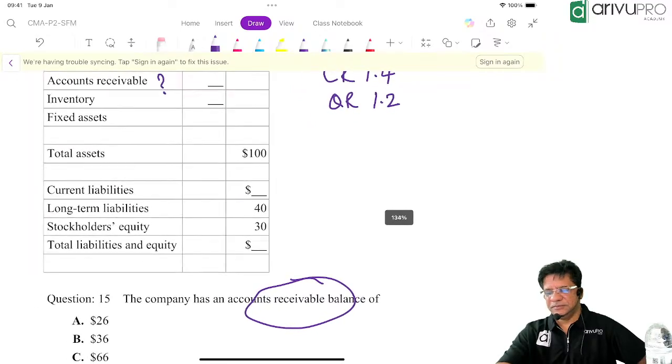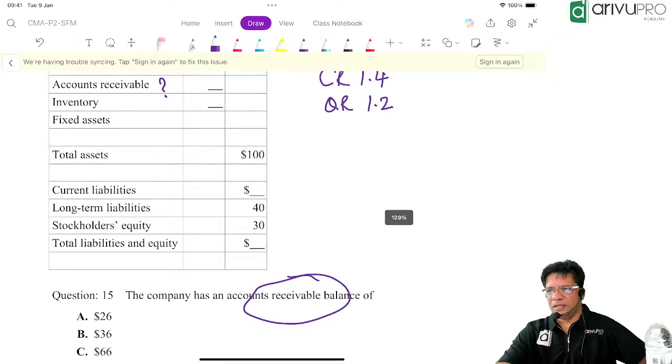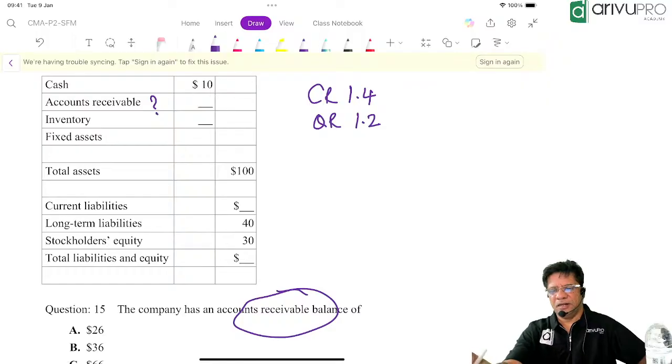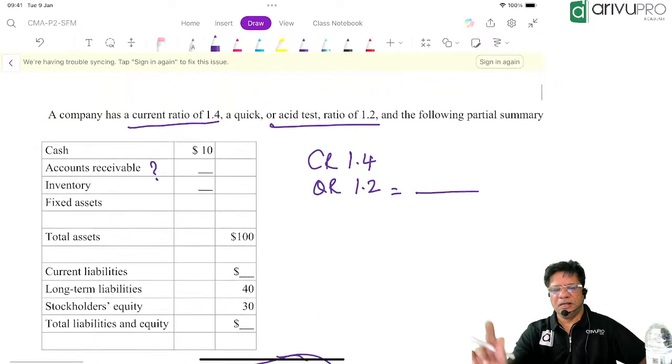Just like that. If your current liabilities total is not given, we can get it: 40 plus 30. Total current liabilities and equity will be 100 only.